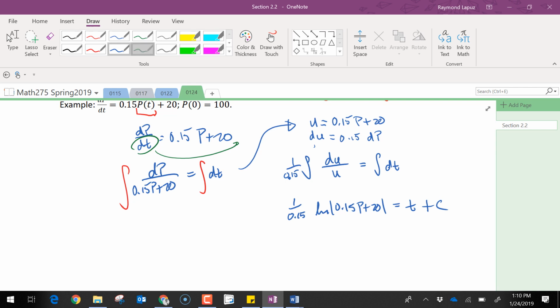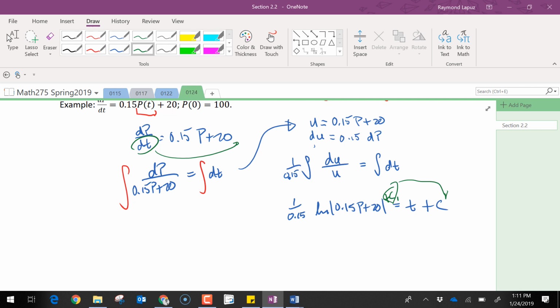You can pretend you're doing it on the left side, and then that would be a different c, and then just pretend that you're adding it over to the other side, and then it'll be just another constant. So the fact that you get a constant on one side, a constant on the other side, and then you can combine those constants, it'll be another constant. We'll just call that c. Otherwise, we would have plus c1 on one side, plus c2 on the other side, and then we combine it to just say plus c. It's all the same.